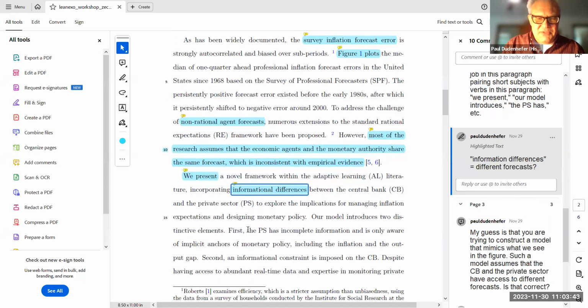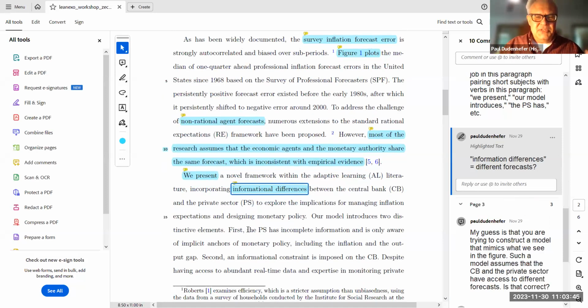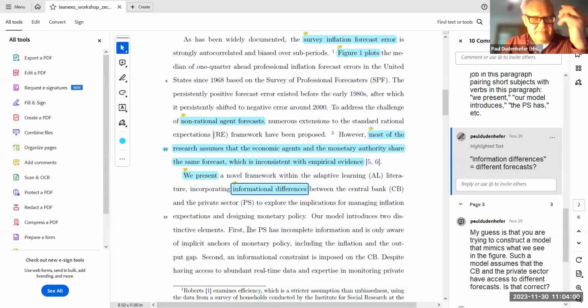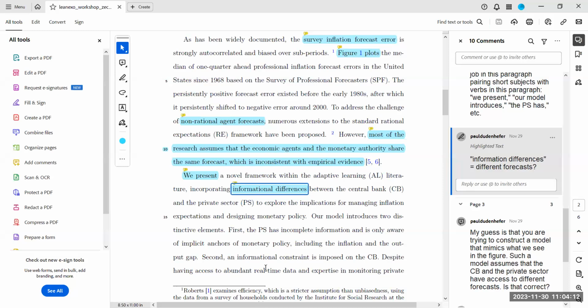Informational differences. Again, this is a new term. I assume that it is the same as different forecasts. Is that correct? And there are some differences, I admit. So they have different information, but this is not exactly the same thing as different forecasts. No, they're not.